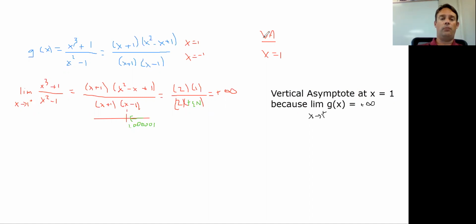And just for the fun of it, what would have happened if we would have plugged in our -1 there? So we plug in our -1 here, we would have found out that it is 0 over 0. So that tells me it is indeterminate.